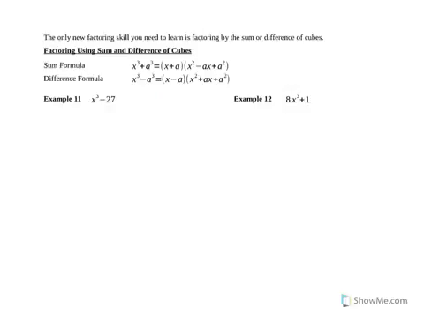So when you factor the sum of cubes, there are two important formulas. There's a formula for the sum of cubes and a formula for the difference of cubes. And there are a couple noticeable patterns. First of all, you'll notice with the sum formula that when you have a plus here, you have a plus here. And when you have a minus here, you have a minus here.